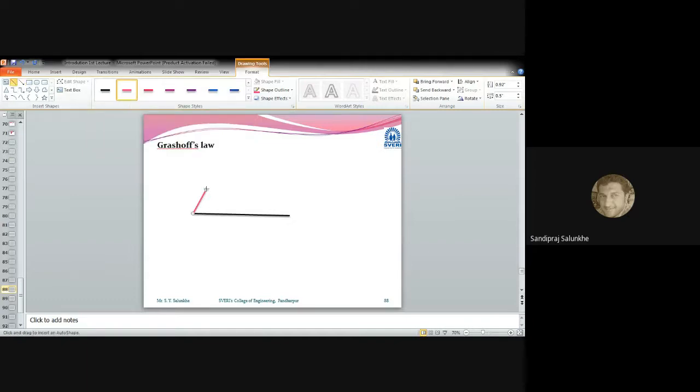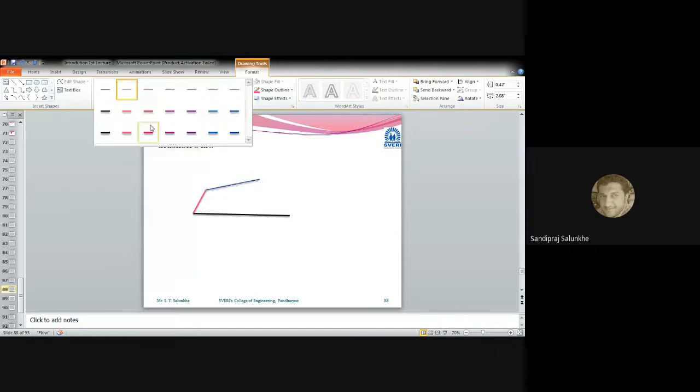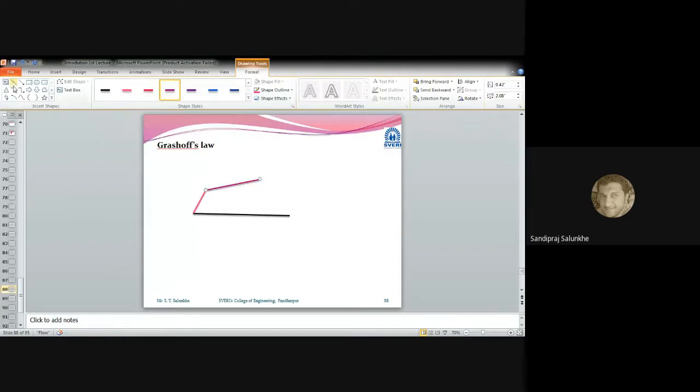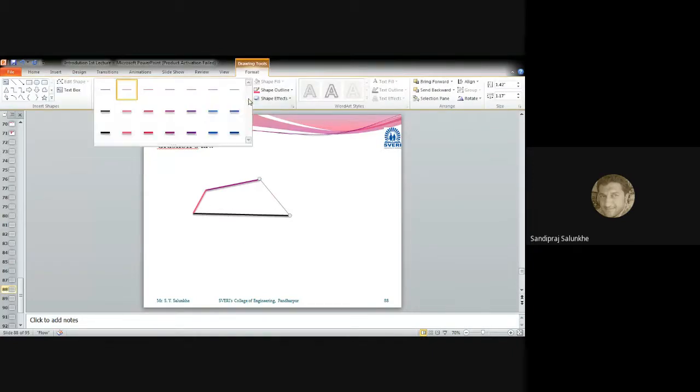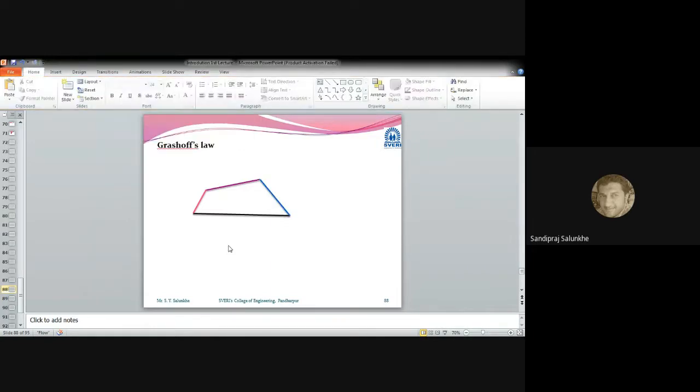This second link is connected to the next link. And one more link is there. So these four links are connected with each other and we form a four bar chain.